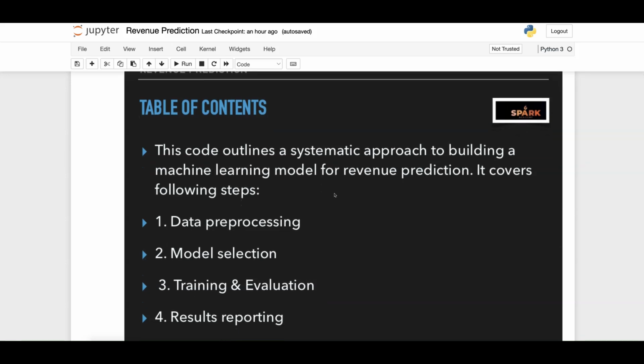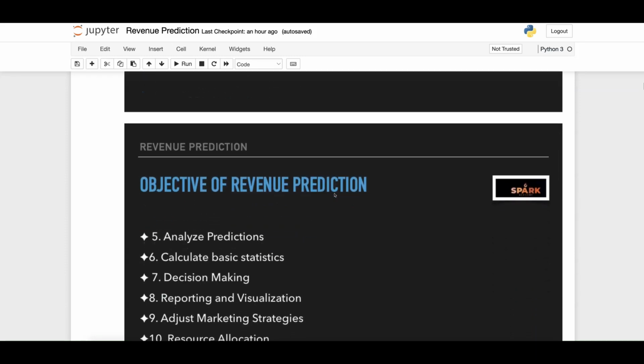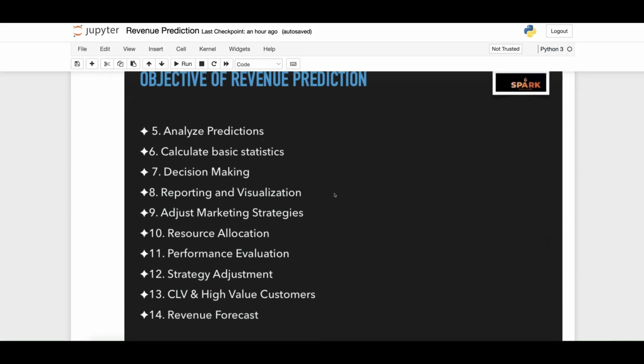So now let's look at the objective behind the revenue prediction. First is to analyze the predictions. This step basically involves first making the predictions, as I mentioned in the first four steps, then predicting the revenue values generated by the model to understand the patterns, trends, and potential discrepancies.